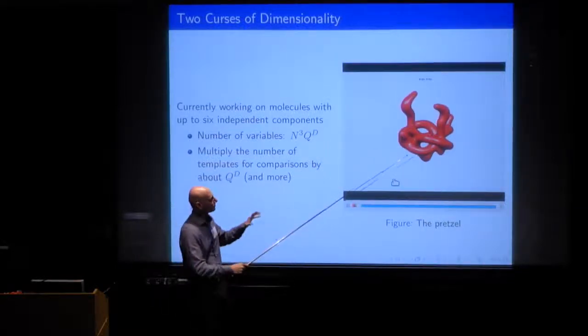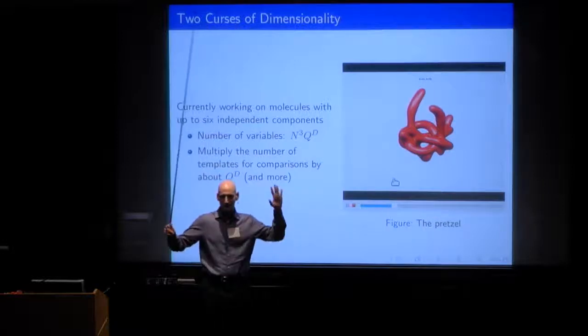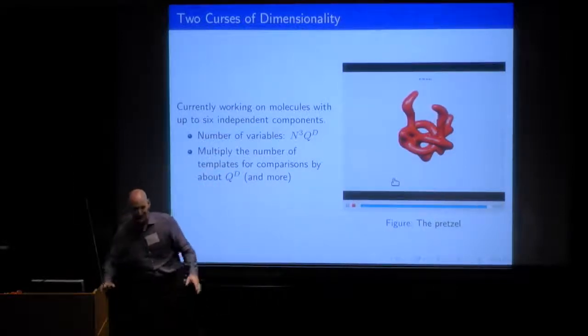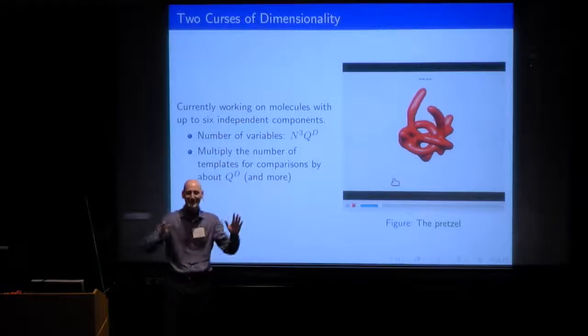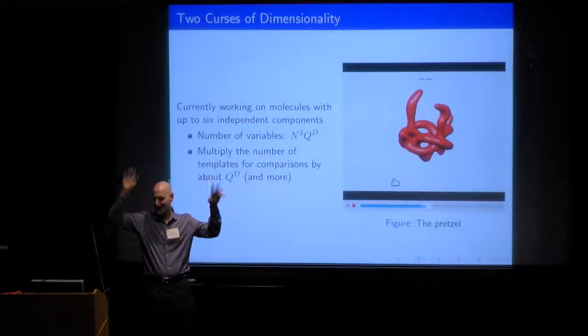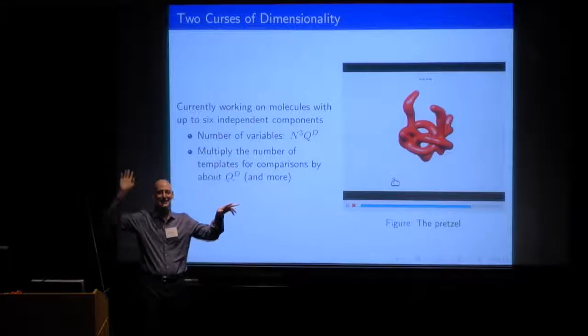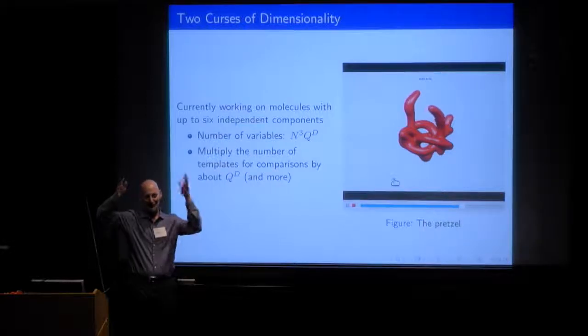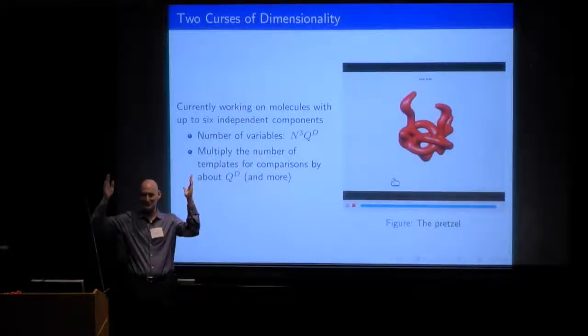This pretzel has two arms moving around. I should really put this down when I'm waving my hands. Okay, so I warned you. It has two arms flapping, and they're flapping independently.